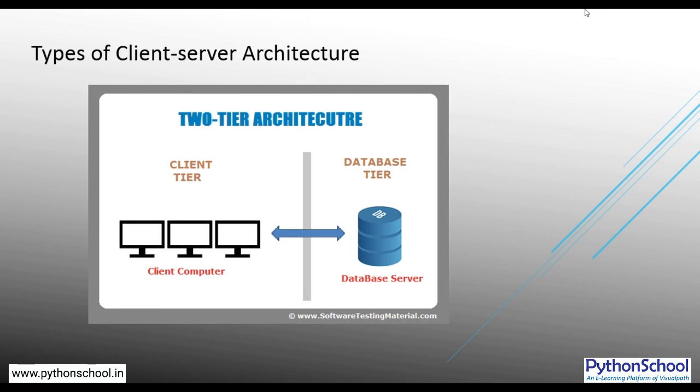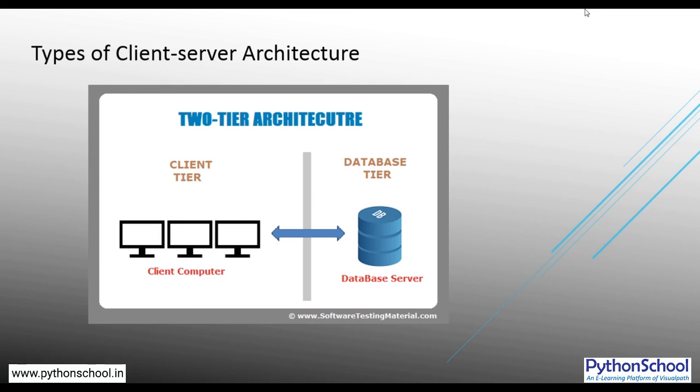The communication takes place between client and server. The client system sends the request to the server system, and the server system processes the request, formalizes the result, and sends the result or data back to the client system. So it is a to and fro request response model.